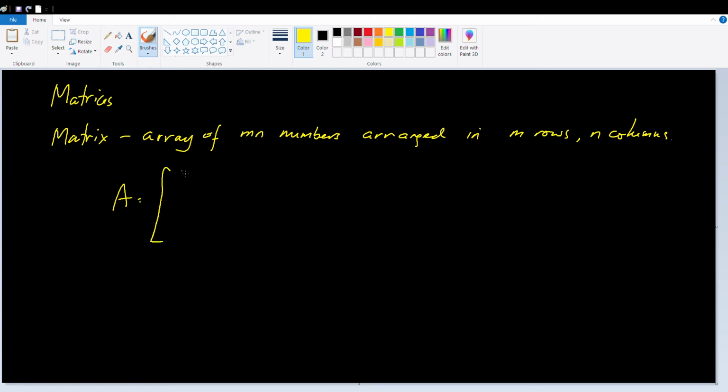So we write matrix A with elements A11, A12 up to A1n, A21, A22 up to A2n, down to Am1, Am2 up to Amn.